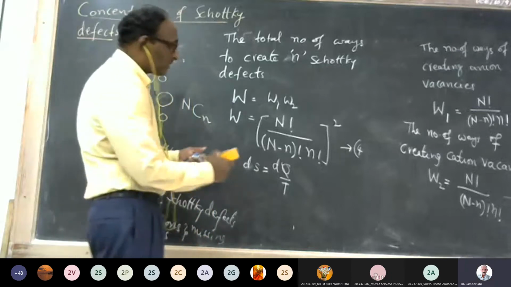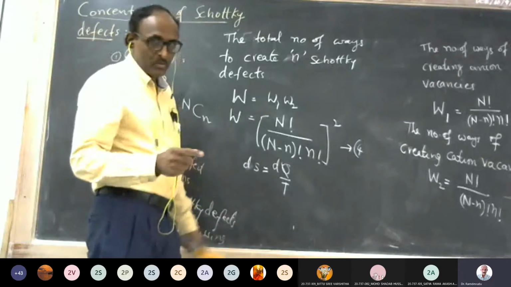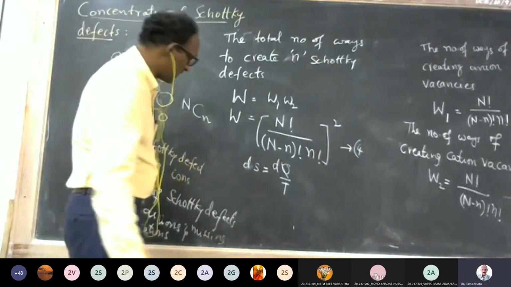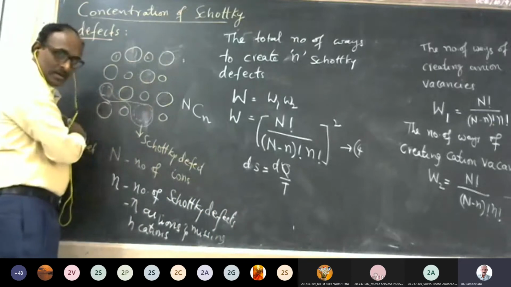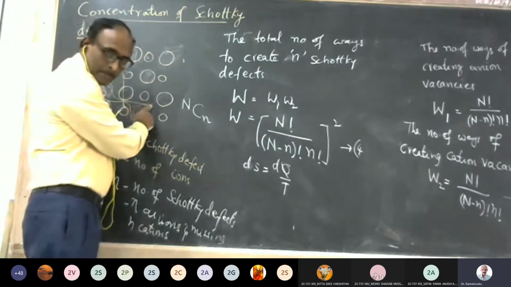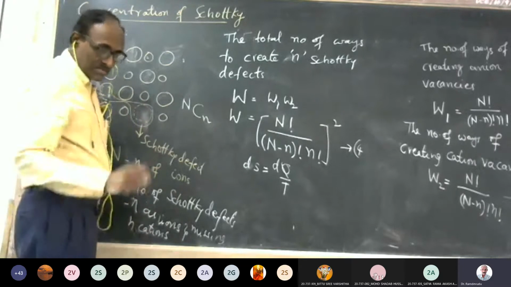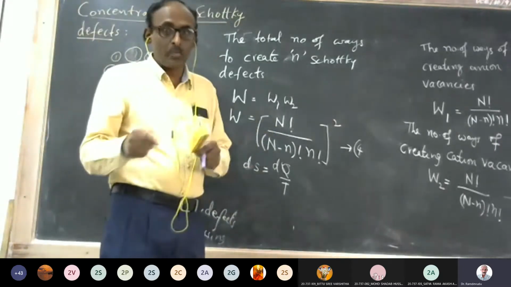But here I am not going to use this thermodynamic definition, but another definition. Here we have a regular periodic arrangement, and that regular periodic arrangement is disturbed. Therefore, statistically, I talk about how many are arranged regularly and how many are not.